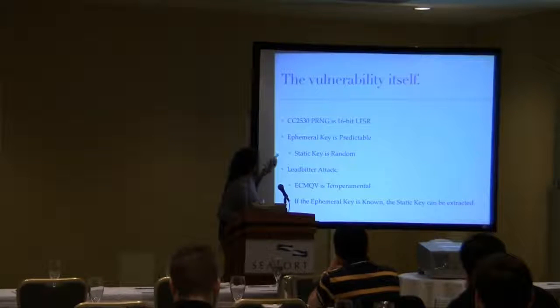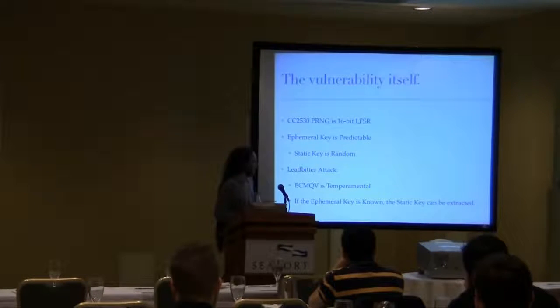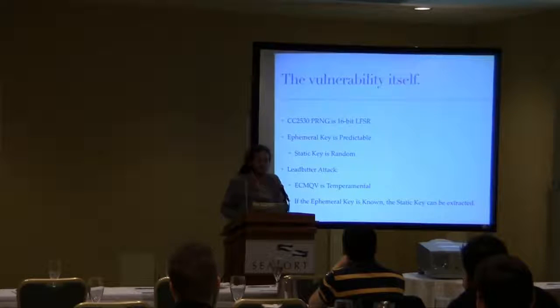And by the Leadbitter attack, which I'll get to in a bit, when you have the ephemeral private key, you can then work your way backward to find the static private key. So as this attack will work, the attacker, Mallory, will begin a key negotiation with the victim, Alice.